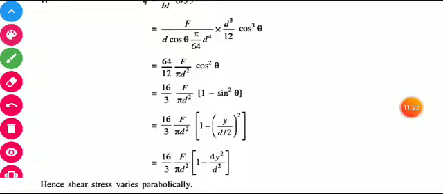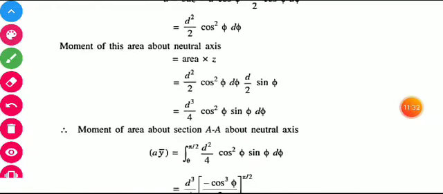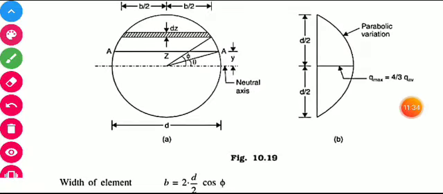Here you put 1 minus sine square theta, and put the value of sine theta as y by d by 2. Here is theta, so sine theta will be equal to y by d by 2.